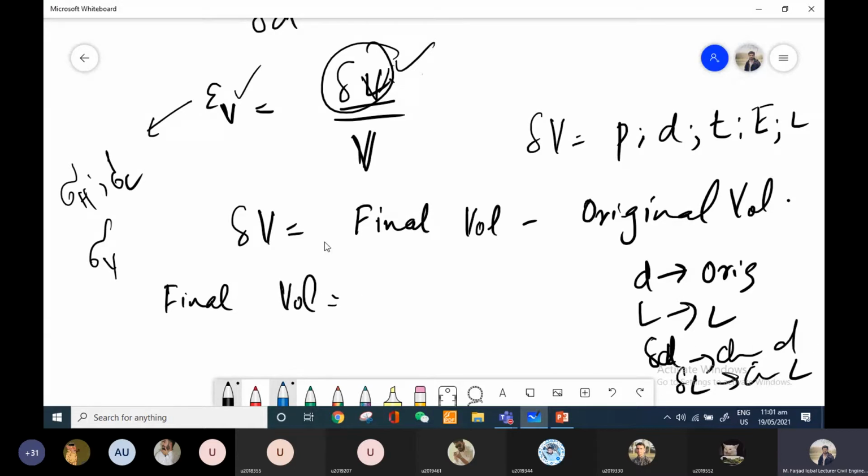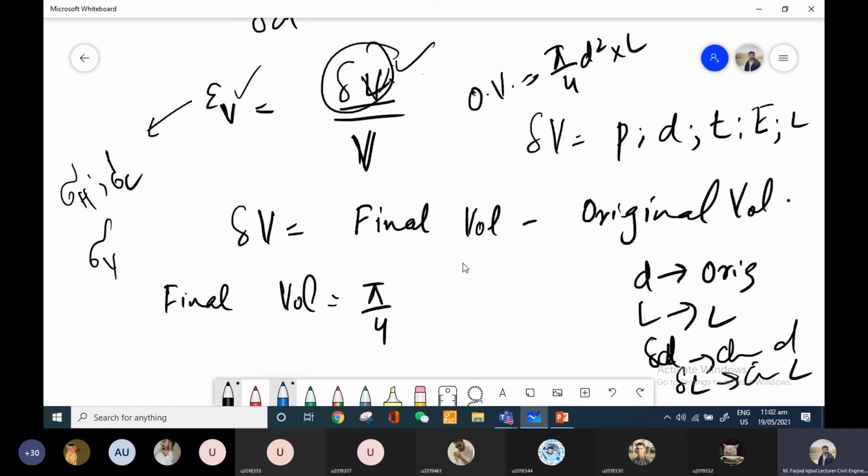तो final volume का कोई मुझे एक्सप्रेशन बता सकते हैं कैसे लिखूं मैं in terms of diameter and length? सर d प्लस वो होगा ना चेंज इन d। तो अगर ओरिजिनल वॉल्यूम का एक्सप्रेशन लिखना हो, दैट इज pi by 4 d square into length, area into length is volume, right? That is original volume.